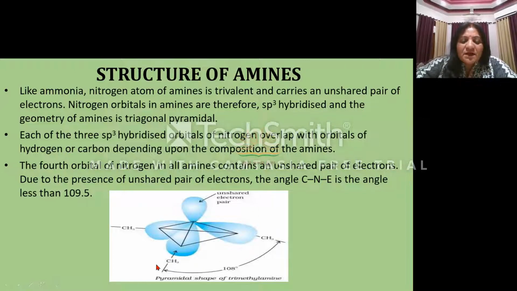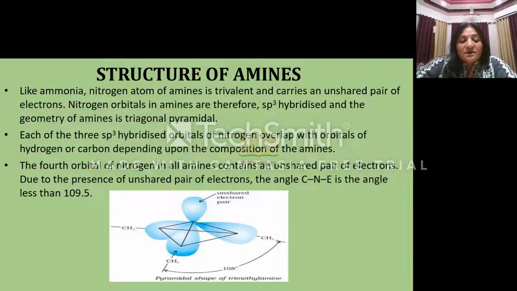Structure of ammonia is sp3 hybridized because there are 3 bond pairs and 1 lone pair. So it is sp3 hybridized. The angle should be 109 degrees, but due to the presence of this lone pair, the angle C-N-C is less than 109 degrees.